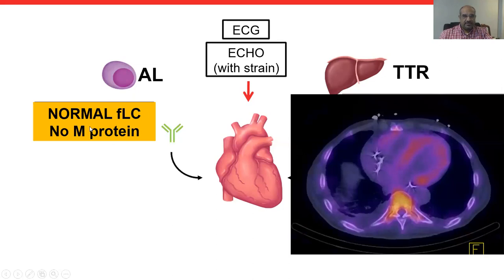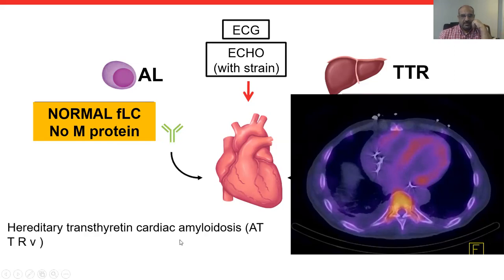In this case, there is no immunofixation abnormality and normal free light chains in the serum. So this case was a TTR cardiac amyloidosis. It was the hereditary type, the mutant type, transthyretin cardiac amyloidosis, ATTR mutant type.